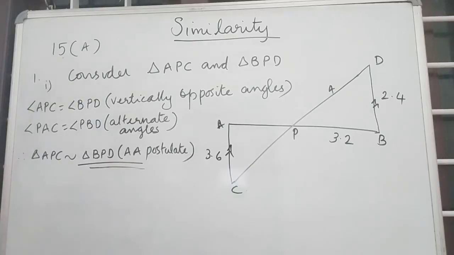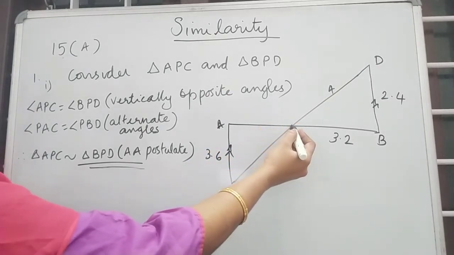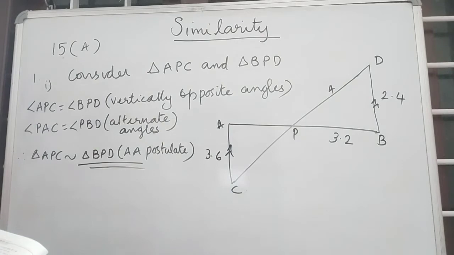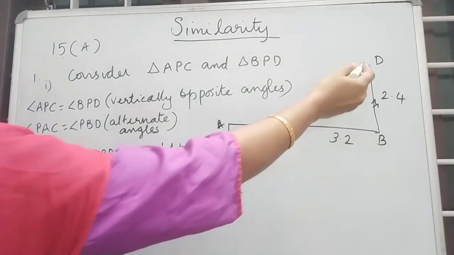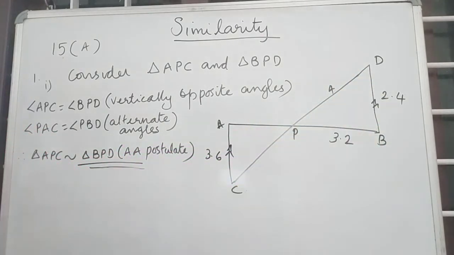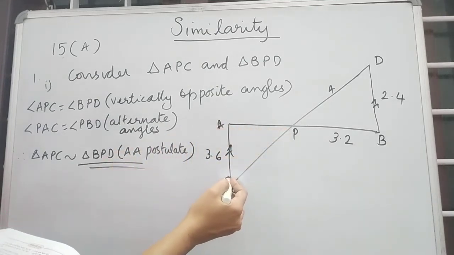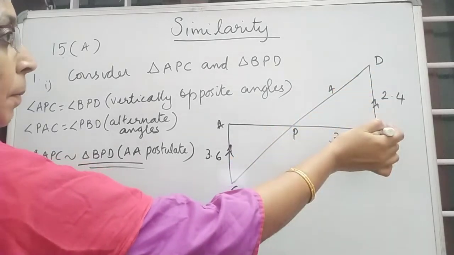In the figure given below, straight lines AB and CD intersect at P and AC is parallel to BD. Prove that triangle APC is similar to triangle BDP.